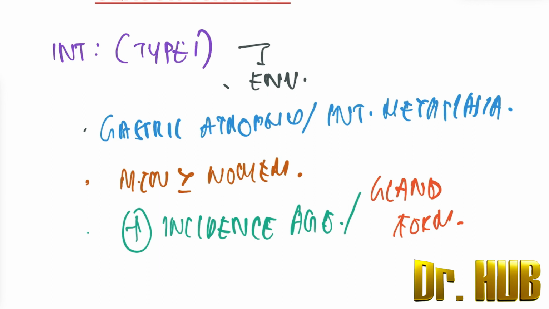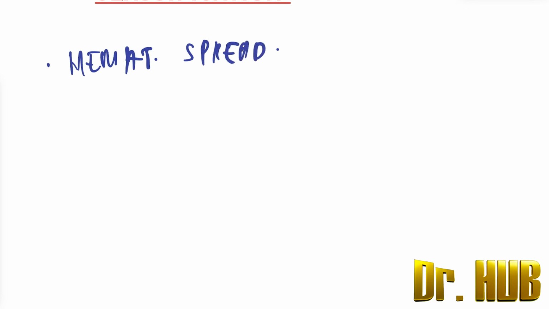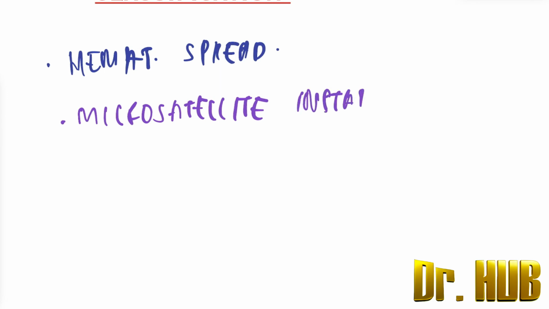There is presence of gland formation, and there is hematogenous spread, as well as microsatellite instability and also APC gene mutations.